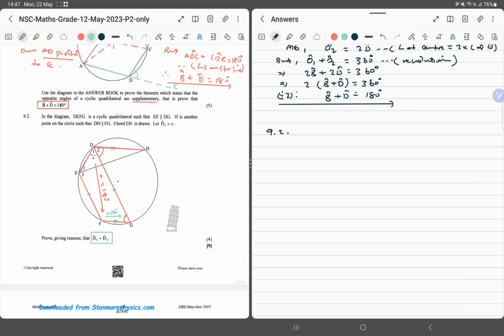So let's start. We know for a fact that angle G is equal to angle D2. These are alternate angles, with DH parallel to FG.